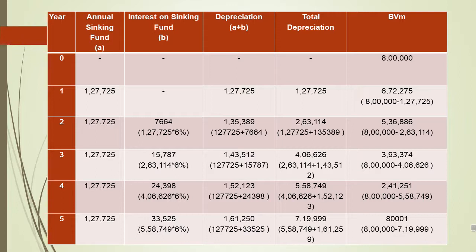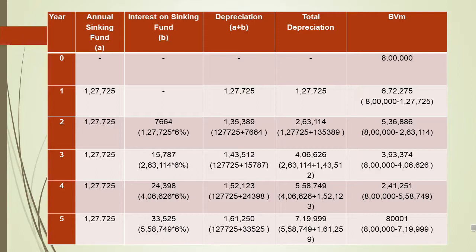Okay, for the third year, in order to calculate it, you have to fill the rest of the column. You have to find total depreciation to find the interest of the next year.